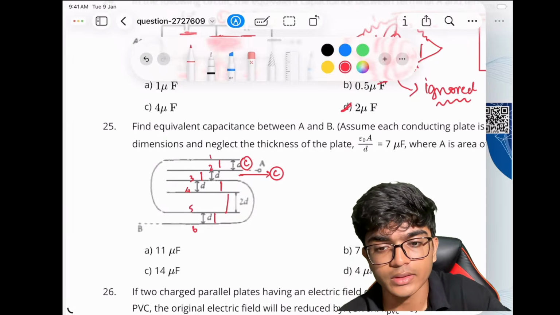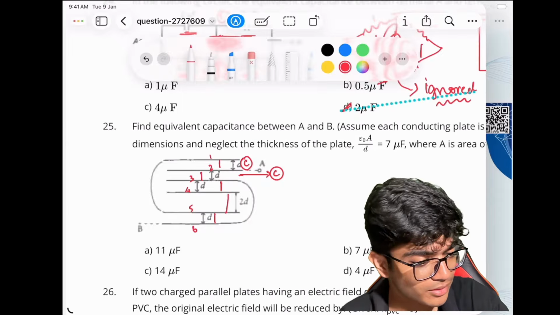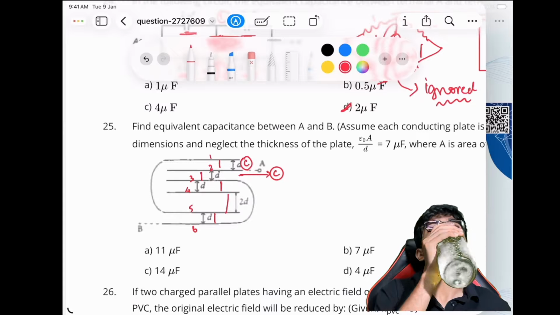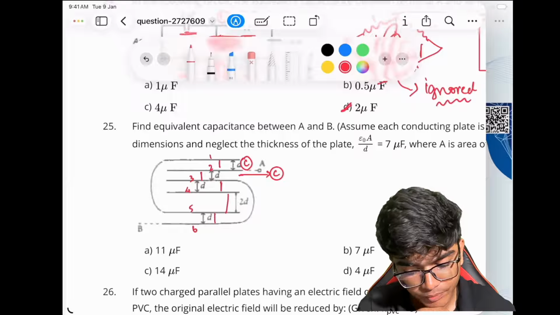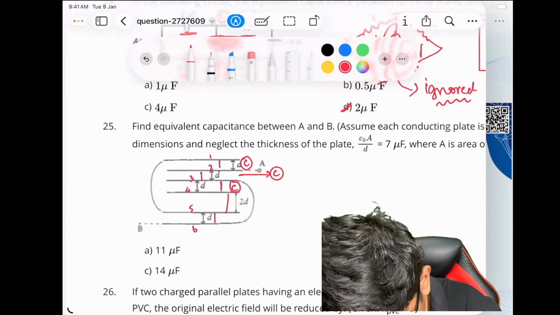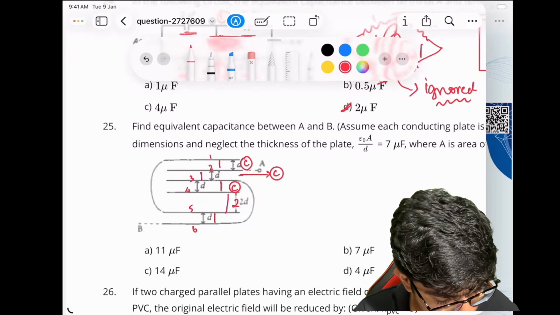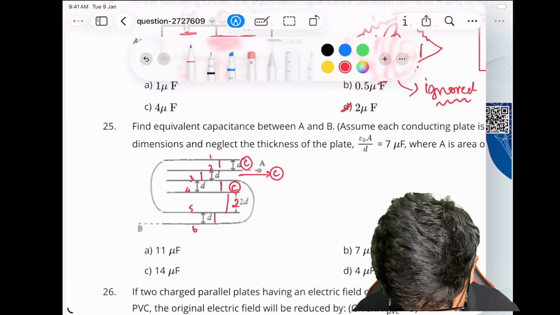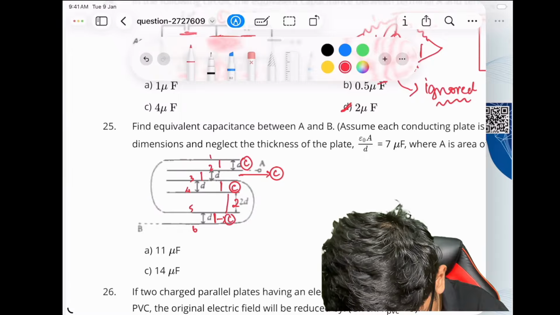Okay, this is C. Let's take that as C2. Here also C3. Fine. This is 2C by 2 actually.